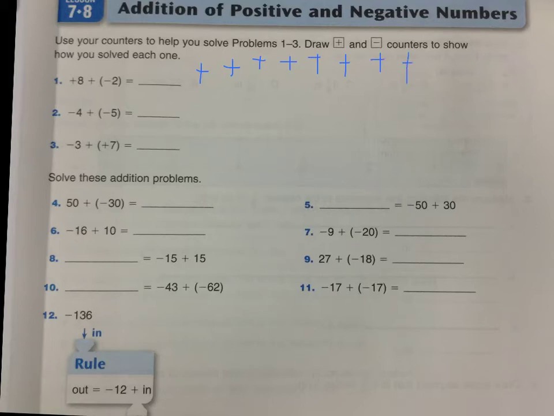And I have 2 negative counters, right? 1, 2. Remember that those negative counters are going to take away my positive counters. So the 2 negative counters are going to take away 2 positives. They cancel each other out. So these 2 are going to cancel these 2 out. What do I have left? 1, 2, 3, 4, 5, 6.